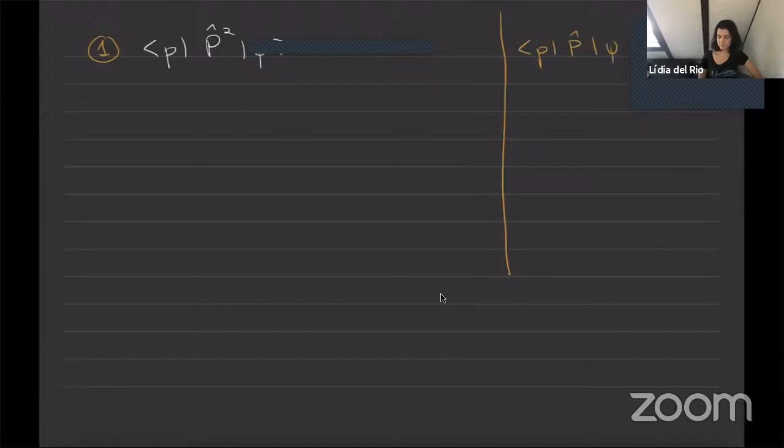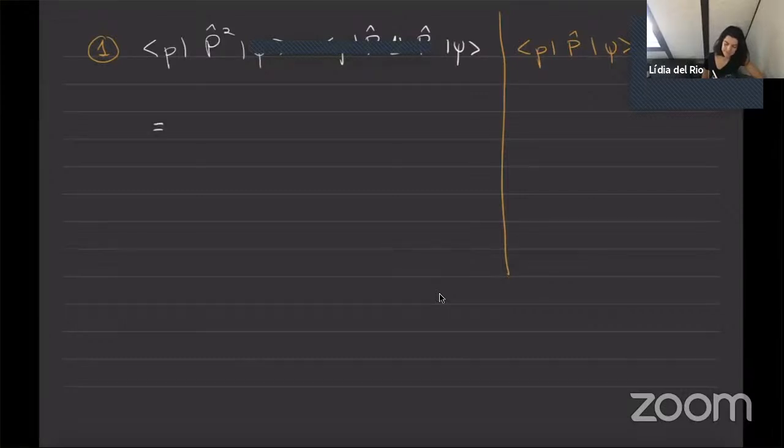It was just p and the momentum wave function, right? Okay, so we're going to do exactly the same. We're going to say, well, this is the same as p, one of the p operators, and now we plug in an identity and we put the other one. And we expand the identity in the basis that is convenient for us, and in this case it's going to be the momentum basis. Okay, so we'll leave this one alone, dp prime, and just change the name here.